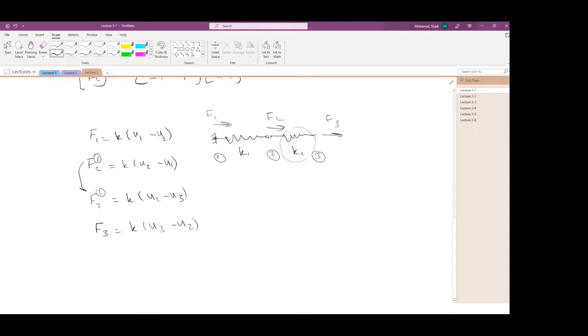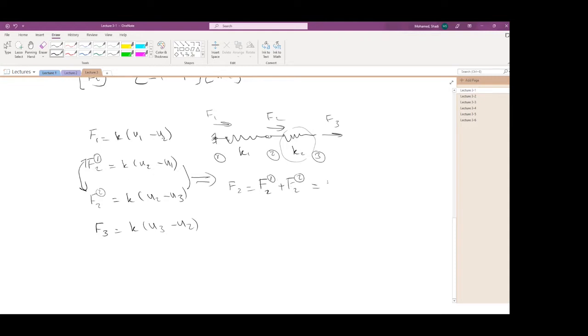Now, I can add these two equations to have F2. So these two added together will be F2 equal to F2 1 plus F2 2.